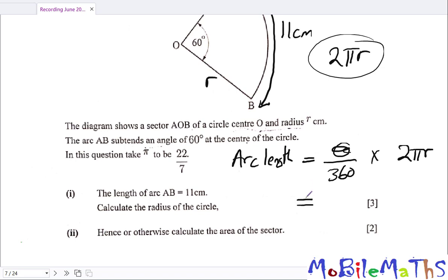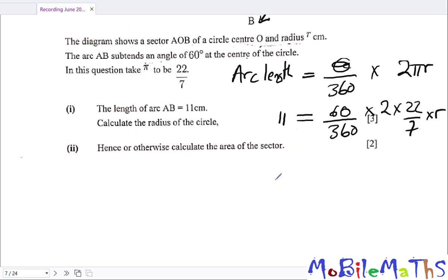Then we substitute with the information we have. This is 60 degrees divided by 360 times 2 times pi, which is 22/7, times r, we don't know r. Then this is equal to 11. So what I do when I have such a question is this. Here I can divide, I can get a 6.